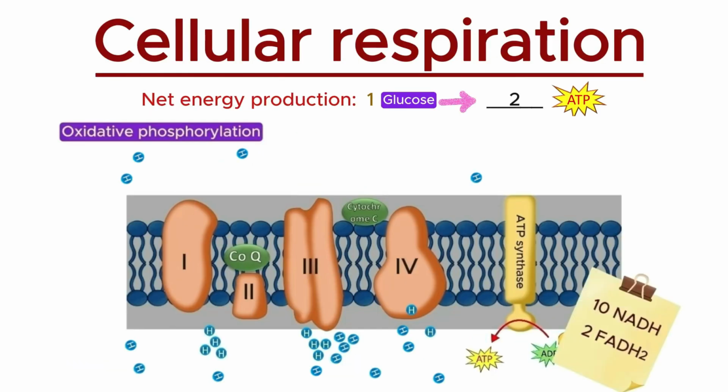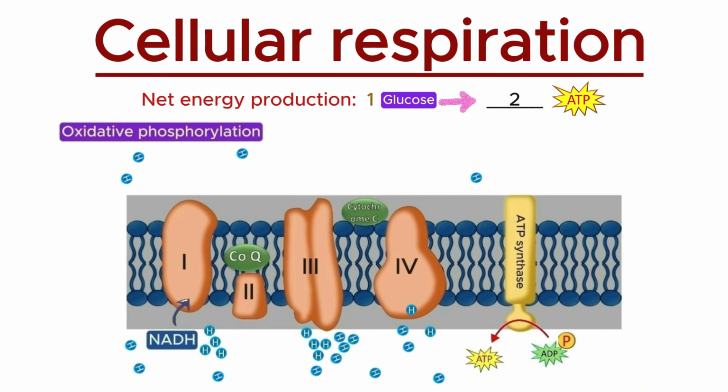Now, let's see how these 12 carriers produce ATP. NADH molecules enter the electron transport chain at complex 1, while FADH2 enters at complex 2. When one NADH is oxidized, it transfers electrons to complex 1.